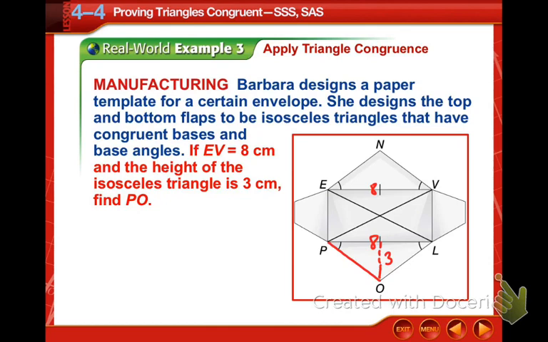So since PL is 8, and we know it's an isosceles triangle, the height is going to split it in half. That means that this side is 4. So now we can use the Pythagorean theorem. So 4 squared plus 3 squared is equal to PO squared.